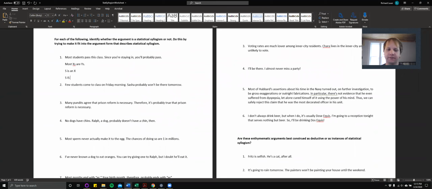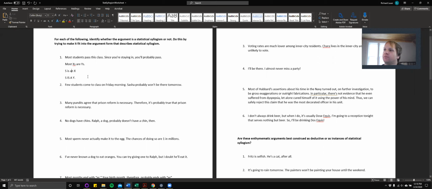The question is whether, how we can fit the information here into this general structure, and whether it in fact has that structure.